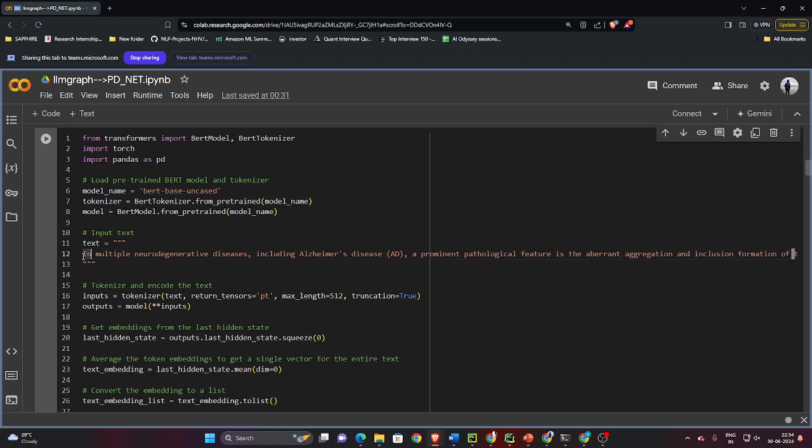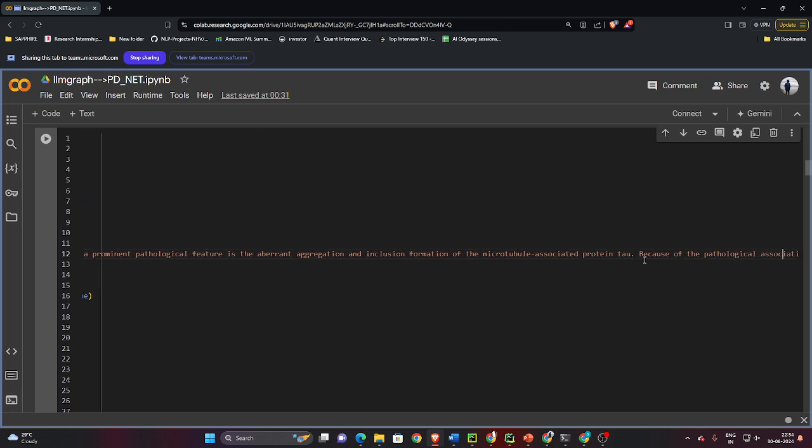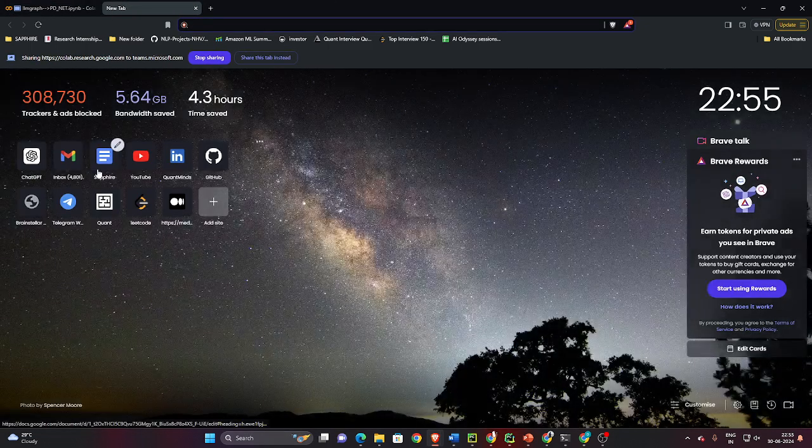It takes in a biomedical text on multiple neurodegenerative diseases, including Alzheimer's disease, forms of microtubule associated protein. This is actually an abstract from a publication. I just want to focus on the actual nodes, mutations in the MAPT gene. How about I share this doc as well?